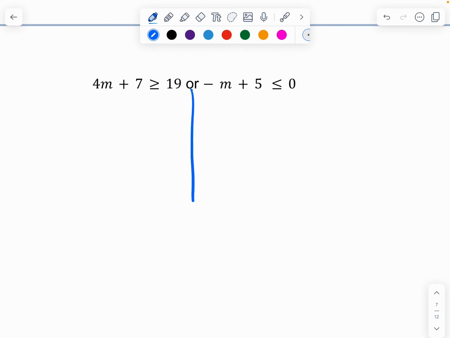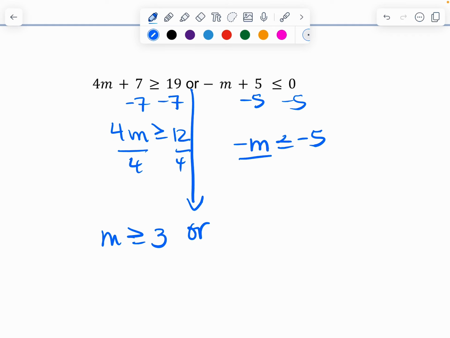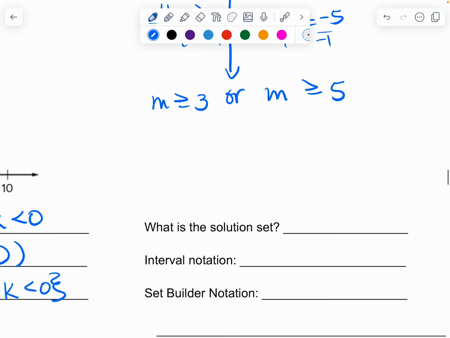Okay, this one, again, I have or. Subtract 7 from both sides, get 4m is greater than or equal to 12. Divide by 4, and get m is greater than or equal to 3. Subtract 5. Get negative m is less than or equal to negative 5. Divide by negative 1. And get m is greater than or equal to 5.